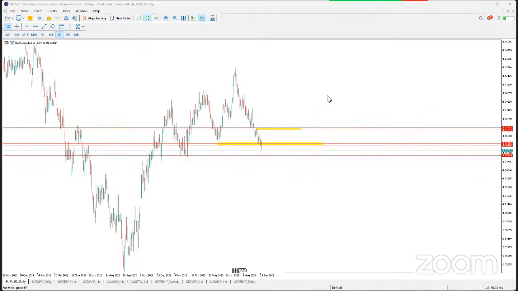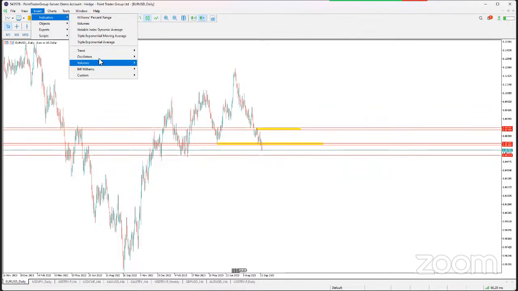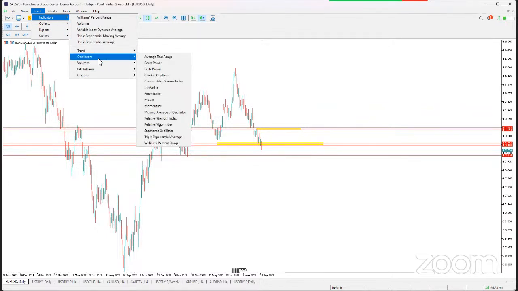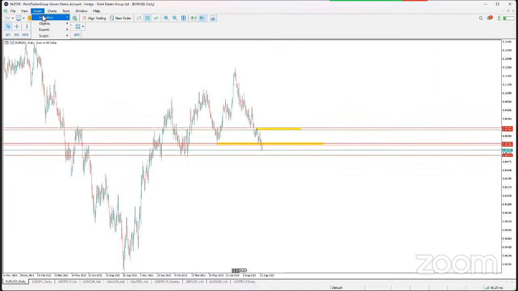Leading indicators could be called oscillators. And this is where you can insert your indicators. You're gonna open your platform, the MetaTrader 5, and then go to insert. And this is by the way the desktop version. So you go to insert indicators and then search for whatever indicator that you want.